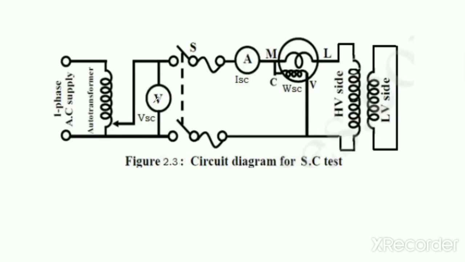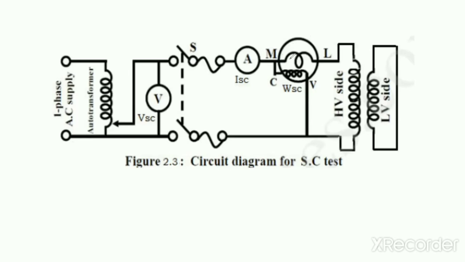The voltmeter is connected across the supply, this is the double pole single throw switch, this is the fuse, this is the ammeter, and this is the wattmeter. This voltmeter shows the VSC voltage, this ammeter shows the ISC current, and this wattmeter shows the WSC power, which gives the copper losses by conducting this SC test.